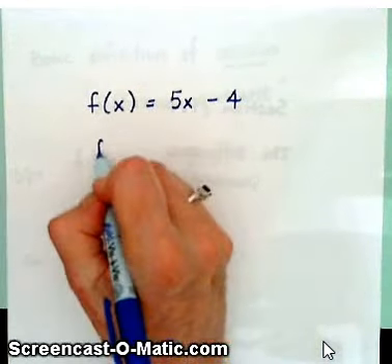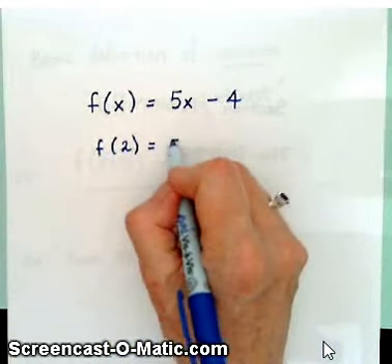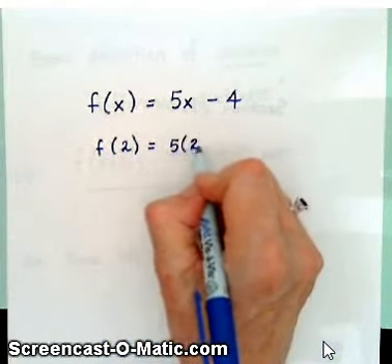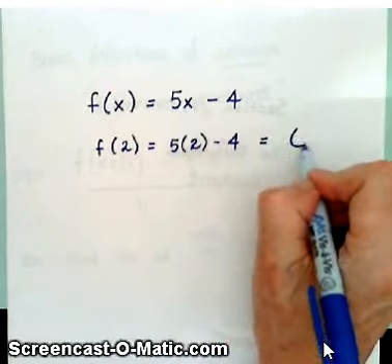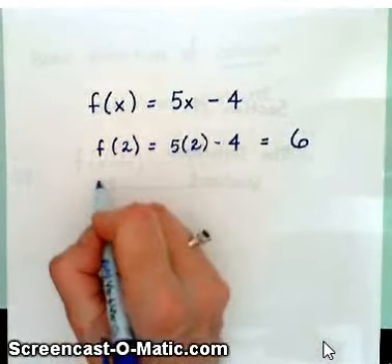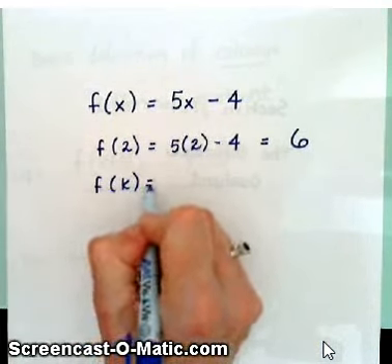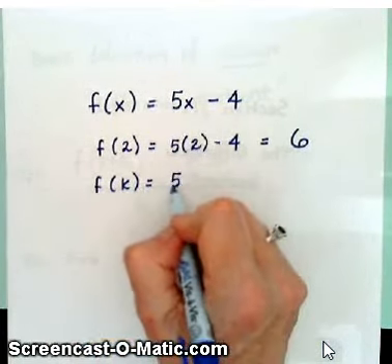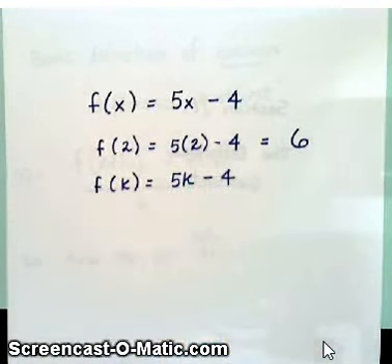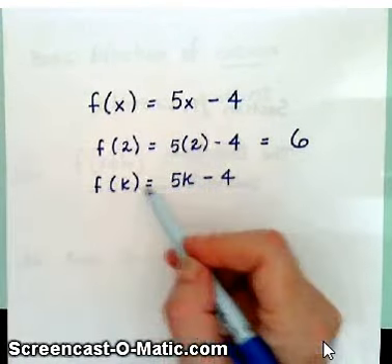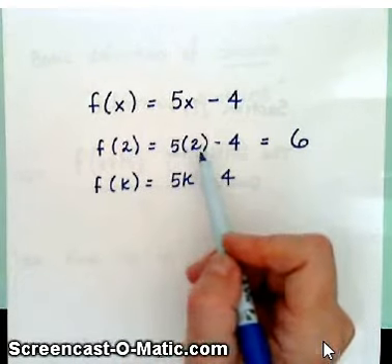But I could have said f of 2, and then you would say that's 5 times 2 minus 4, final value 10 minus 4, which is 6. Or we could say f of k, so that would say 5k minus 4, and we can't do anything with that. We're just letting k be put in for the variable, letting 2 be put into the variable.